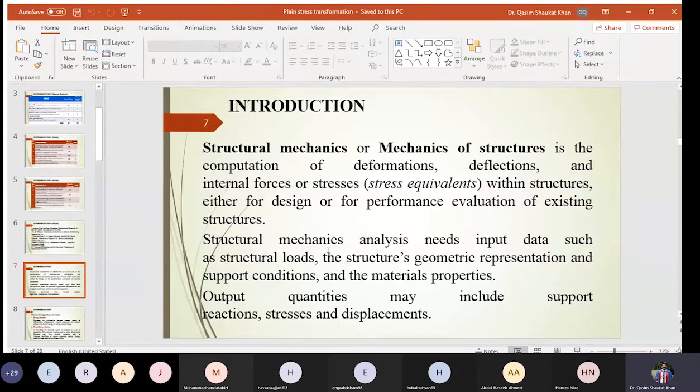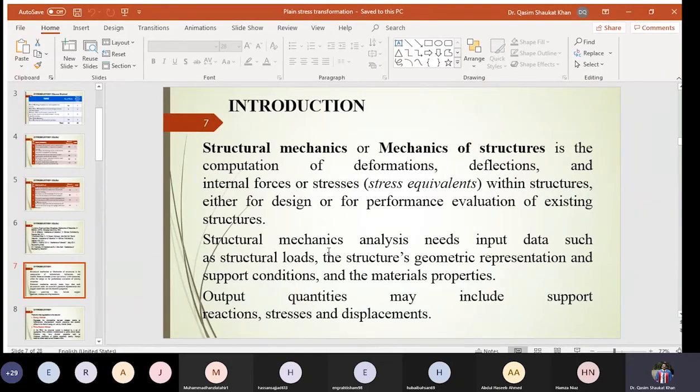Nowadays even the Pakistan Building Code requires that structures must be designed for earthquake. So you have different levels, level 1, level 2, level 3, level 4, and accordingly you will design for the earthquake. So we have to consider wind loads, dead loads, live loads, and earthquake loads.